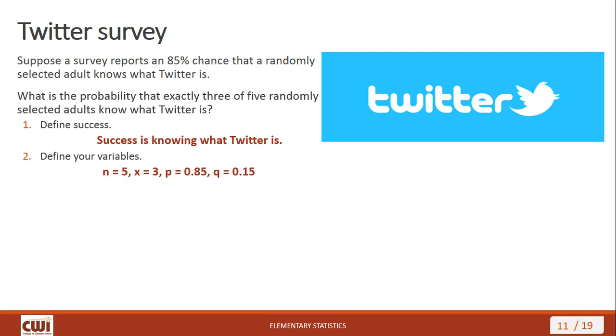So this is the probability of success. The probability of failure, q, is then the complement of the probability of success, p. So we take 1 minus 0.85, and that gives us 0.15 for q. Now that we know what our variables are, we can go ahead and calculate our probability.